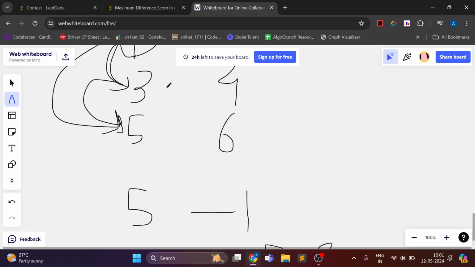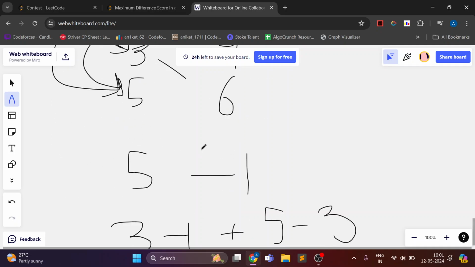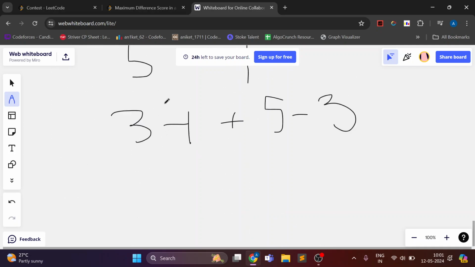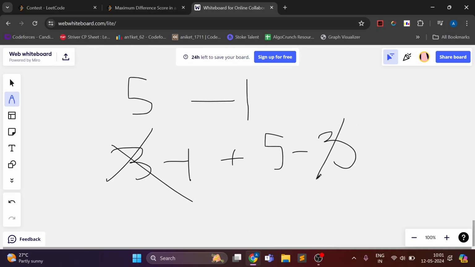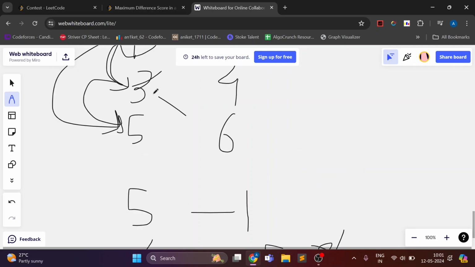Now if you see here, the contribution of 3 is getting cancelled, because in one of the moves it is a switched cell, and in the other move it is the current cell. So the switched cell adds the contribution of 3, and the current cell move removes the contribution of 3.